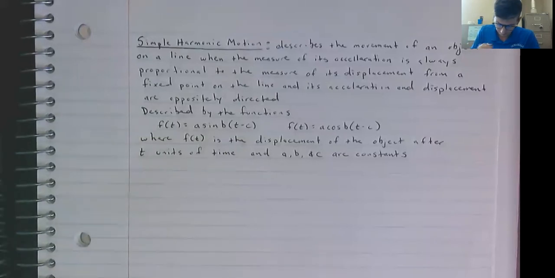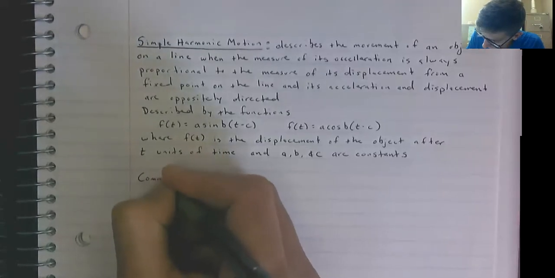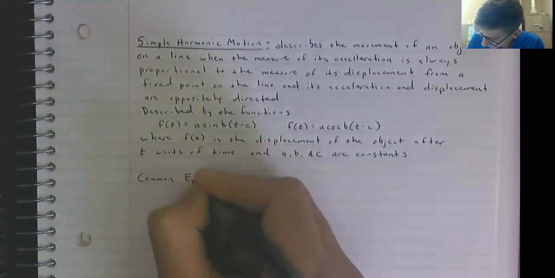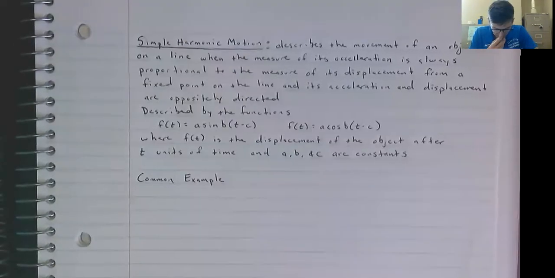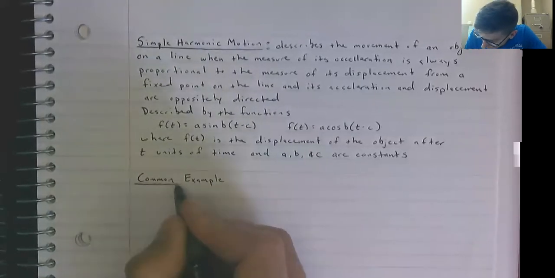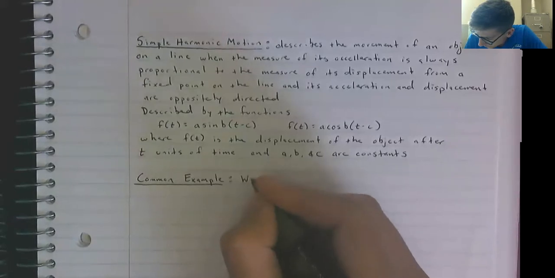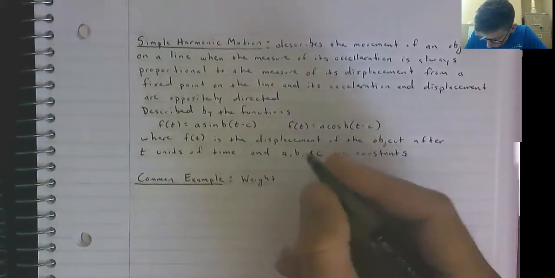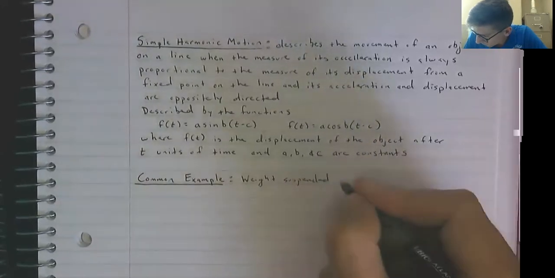The common example is a weight suspended vertically on a spring.